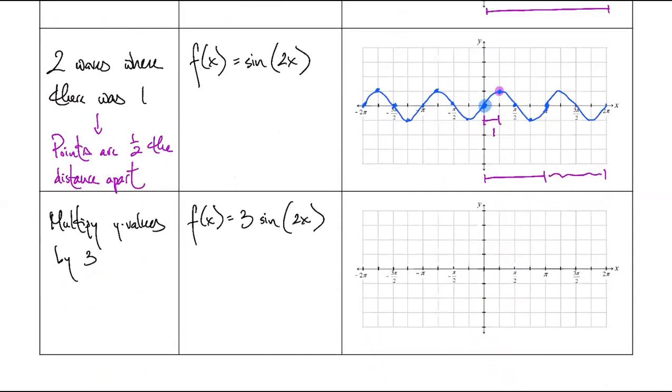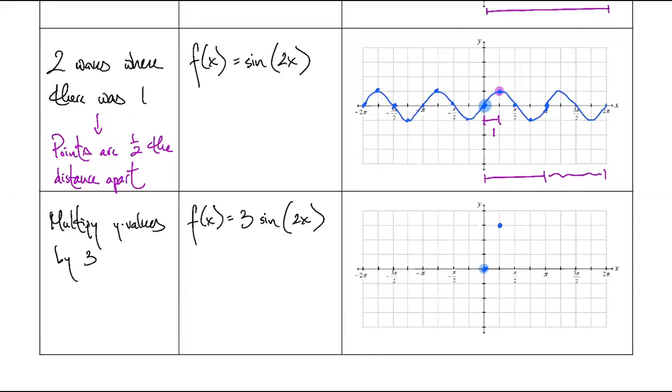All right, so let's start with this center point here. What's the y value of the center point? It's 0. What's 0 times 3? 0. Guess what? That center point stays. What's the y value of that purple point? 1. What's 1 times 3? 3. So now my y value is not going to be at 1, it's going to be at 3.